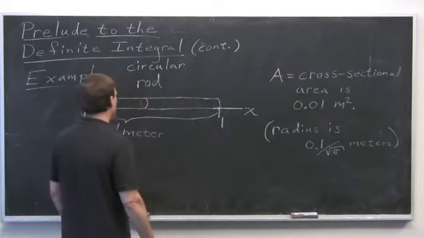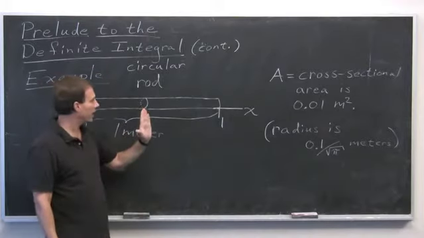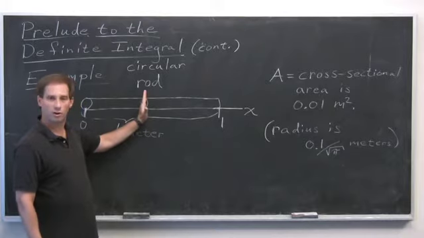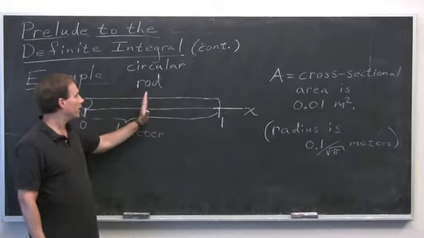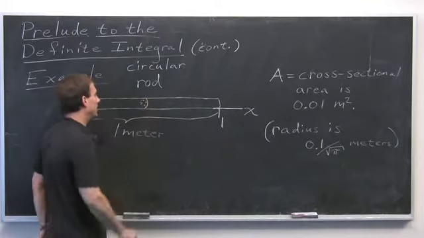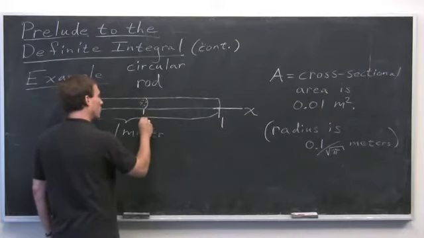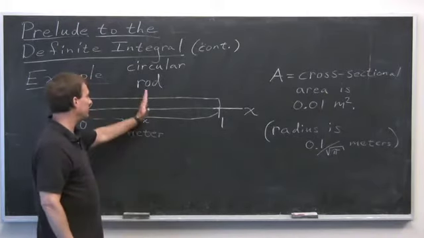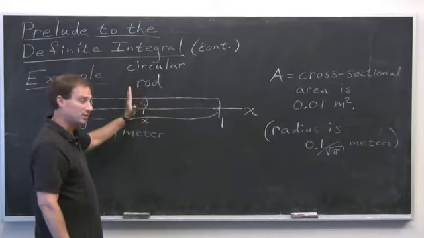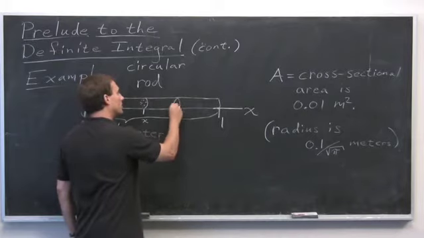Okay. All right. So what are we interested in? I'm going to assume that at each fixed x value, the density of the rod at each point in that cross-section is the same, but that the density may change as the x-coordinate changes.